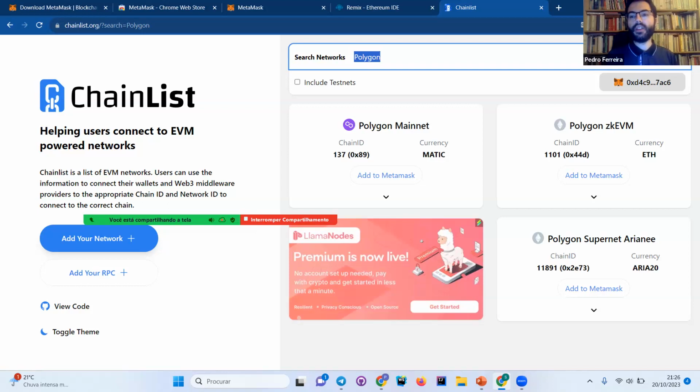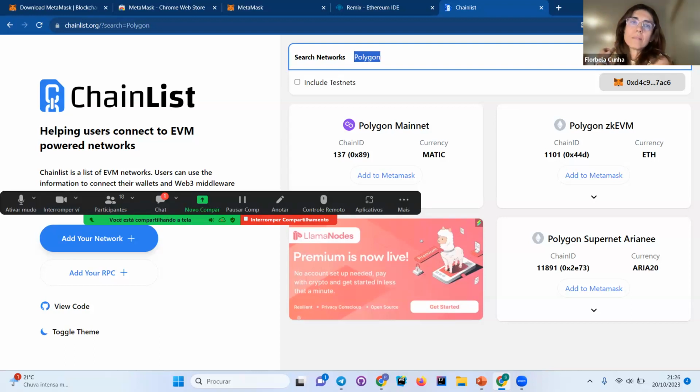I think your MetaMask is not pinned. What I have is extensions. Yes, should I press that? Yeah, the approval. Yeah, the connect. And then I have a MetaMask. Yeah. And then add to MetaMask. Exactly.